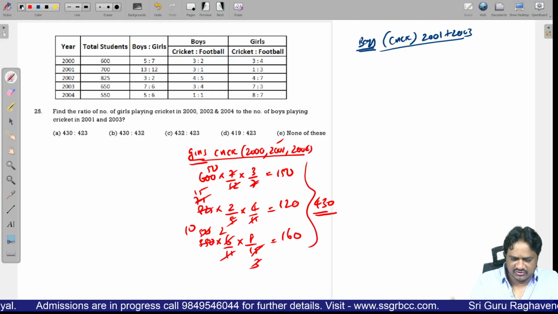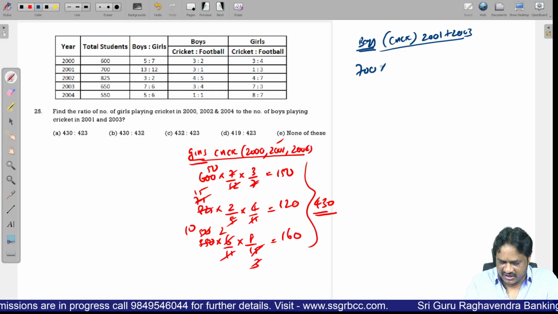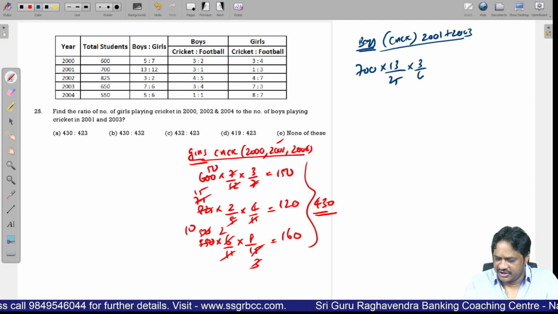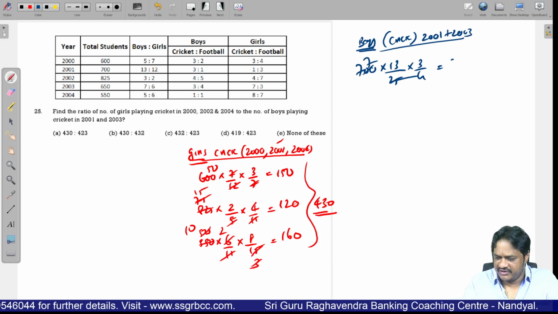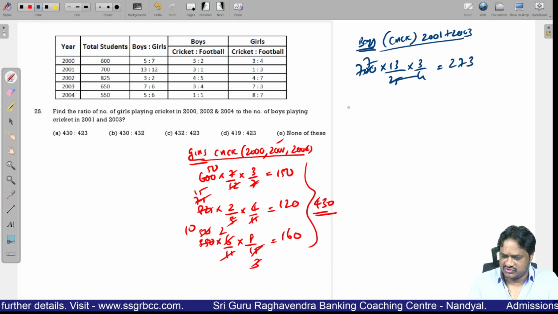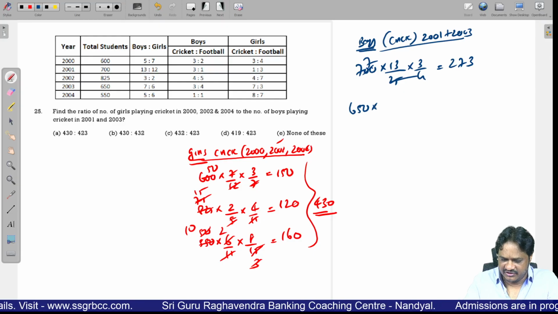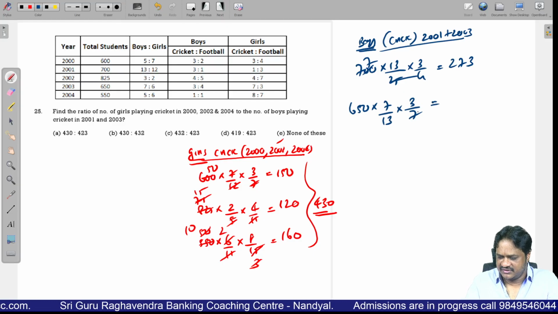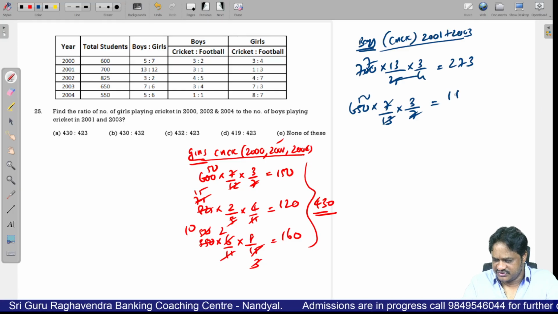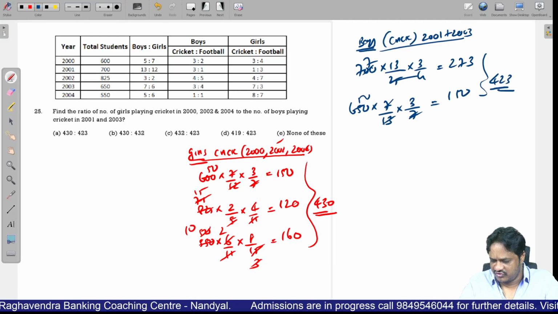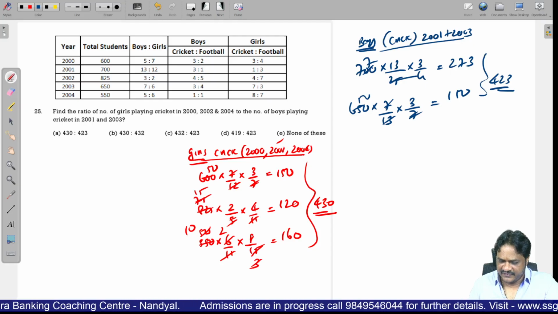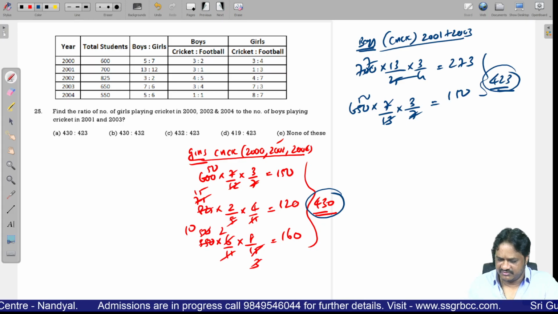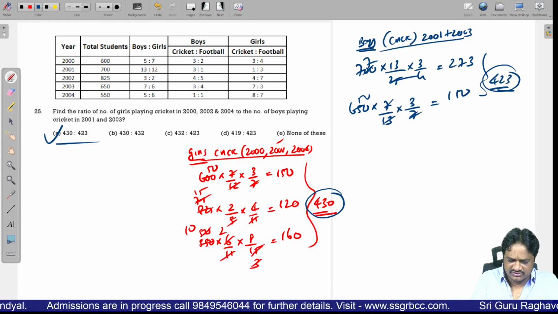Boys playing cricket in 2001: 700 into 13 by 25 into 3 by 4. So 91 into 3, 273. Now 2003: 650 into 7 by 13 into 3 by 7. 7, 7 cancel. It is 150. Total, it is 423. We have to find the ratio: 430 girls, 423 boys. So the answer is 430 is to 423.